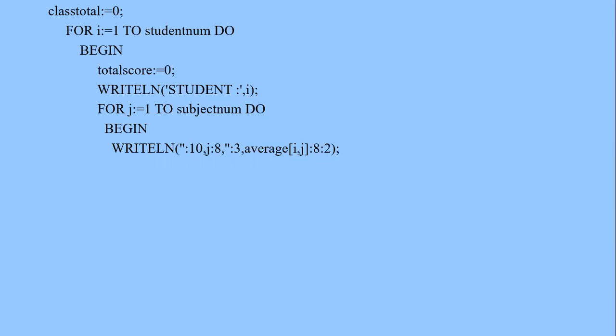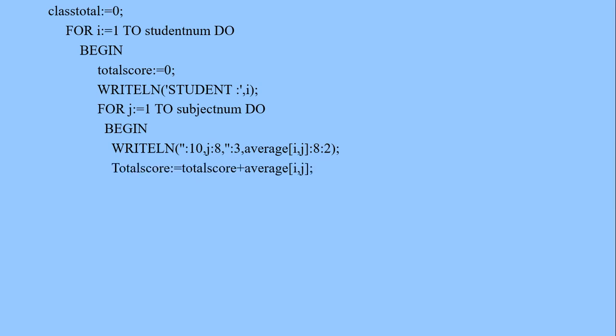Average to 3 spaces. In other words, we pick the content of the memory location called average at subscript I and j, and we write it out. We format that value to 8 characters, with 2 of them being reserved for the decimal places.